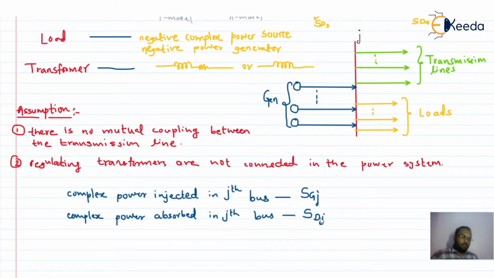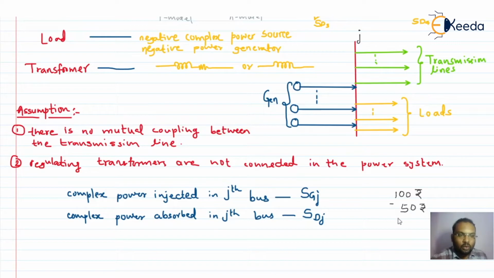Now I'll take a very simple example to make you understand this clearly. Suppose you are injecting, or putting, 100 rupees in your wallet. And out of that 100 rupees, suppose your expenses are 50 rupees.